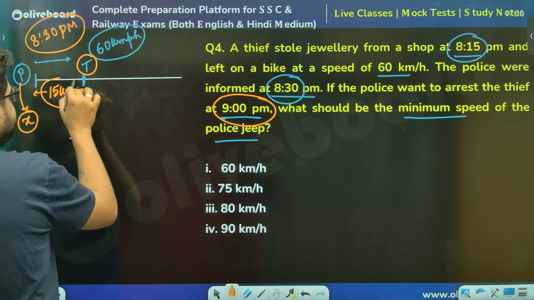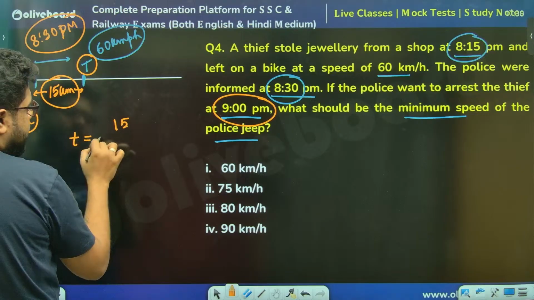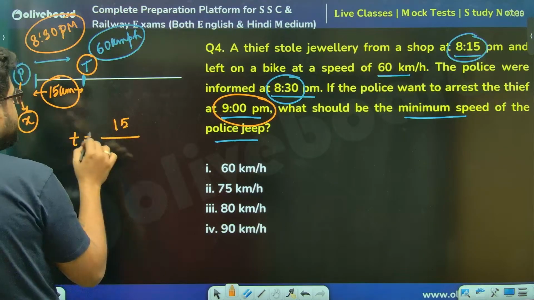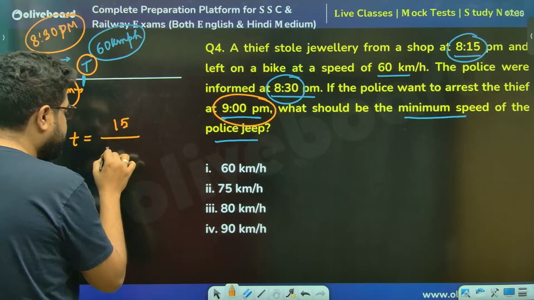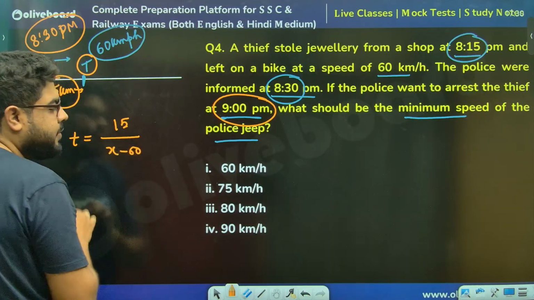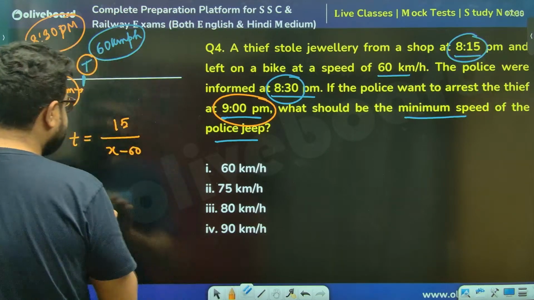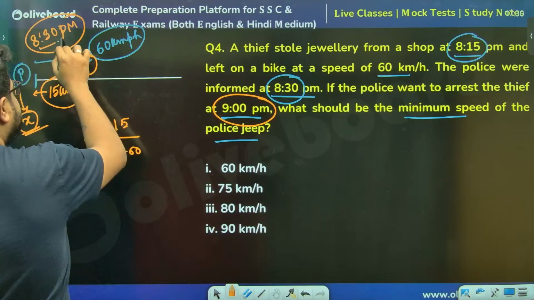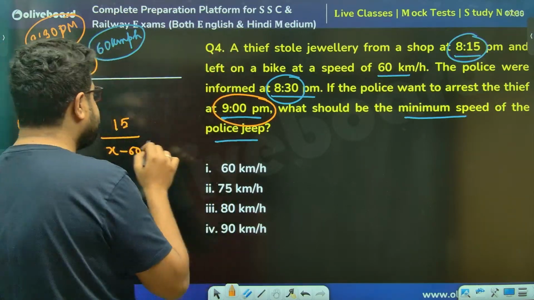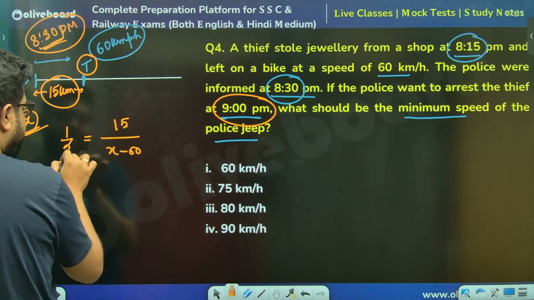Time will be distance, that distance between them, 15, by the relative speed. So definitely police will have the higher speed, then only they will be able to catch. So X first, then minus 60. And sir, please understand, this T is also given. How much is this T, sir? T is 8:30 to 9 p.m., meaning T is half an hour, sir. That's done.